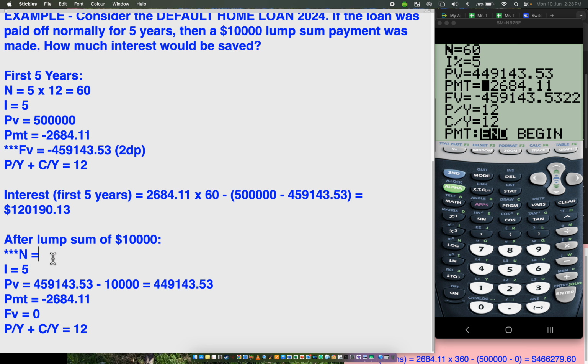So hopefully it should click in your head that it's actually going to take a shorter amount of time to finish off the remainder of the loan. So I owe the bank nothing at the end. Alpha solve. So you can see it's slightly less: 287.34. So it's less than the 300 that it would have been normally.